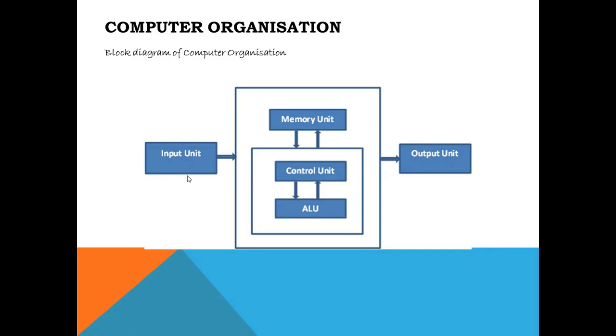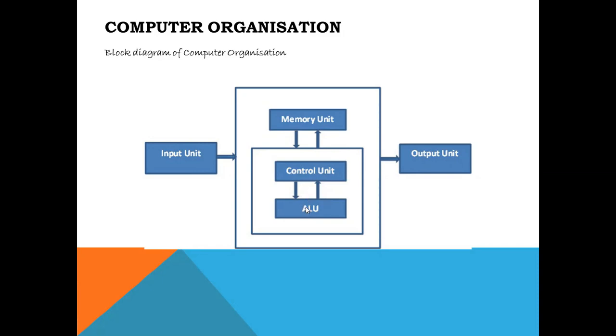I already said what is input, that is data. The data is given through different input devices to the CPU. The CPU has control unit and ALU. ALU means arithmetic and logic unit.